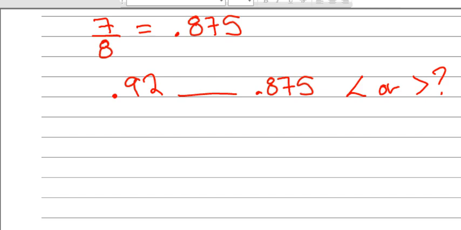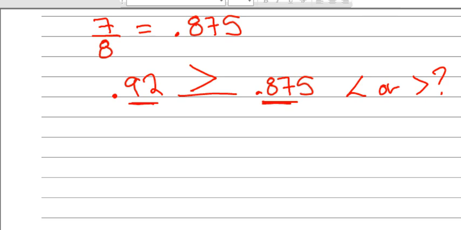So if I'm looking at the 92 and the 87, I can see that 0.92 is greater than. Remember lining them up in section 5.1. You can line them up if you want to, and you will see that it is greater than.